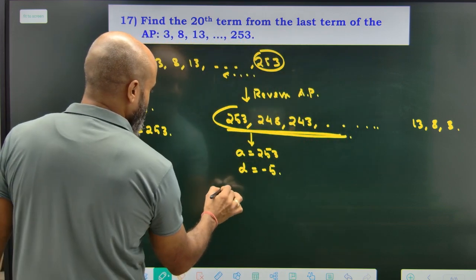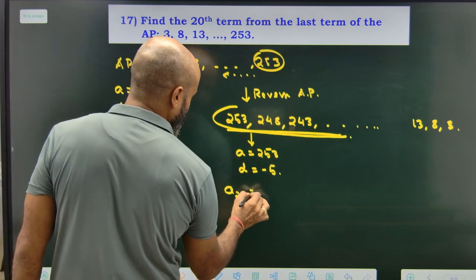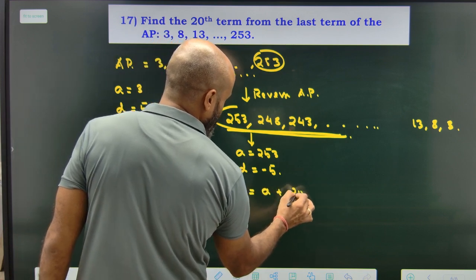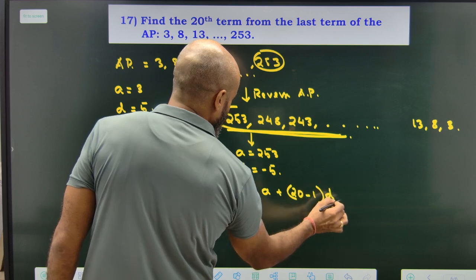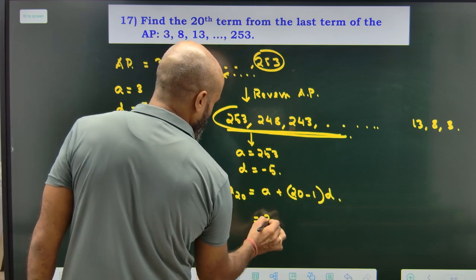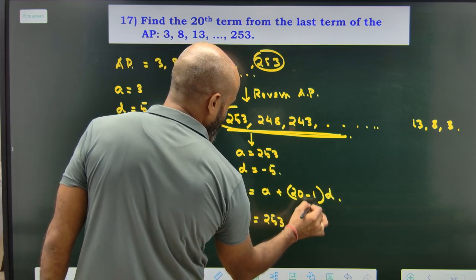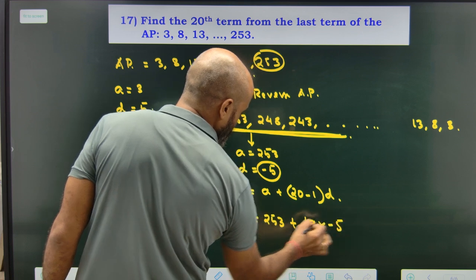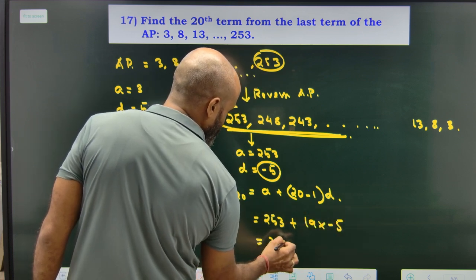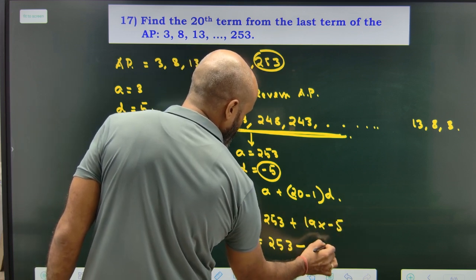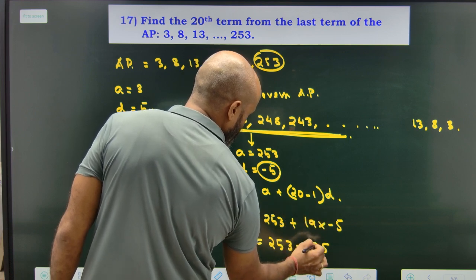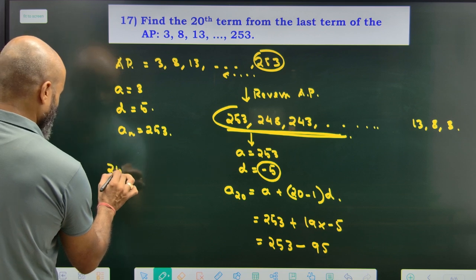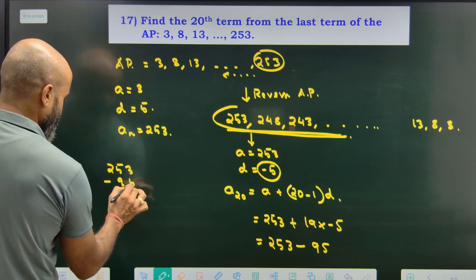So A20 will be equal to A plus 20 minus 1 into D. So this will be A, that is 253, plus 20 minus 1, that is 19. Again D here will be minus 5. So this will be 253 minus 9 5s are 45, 5 1s are 5 plus 4 is 9. So this is going to be 253 minus 95.